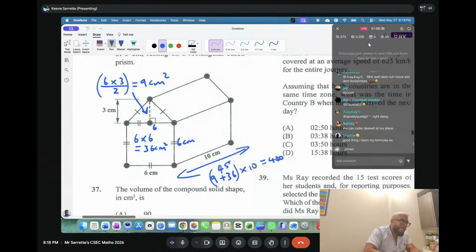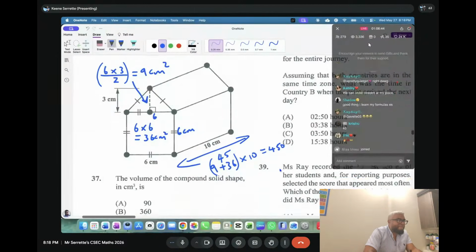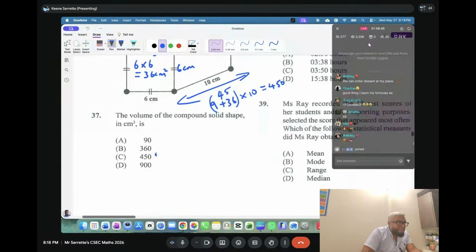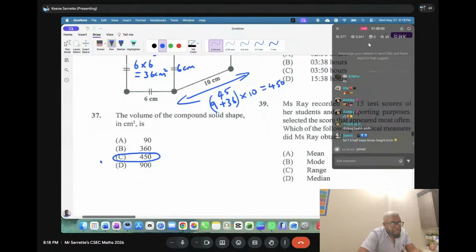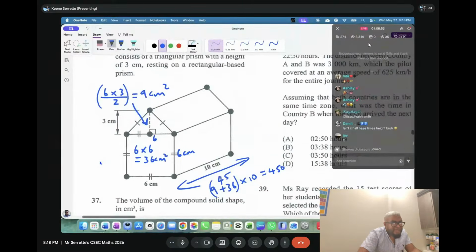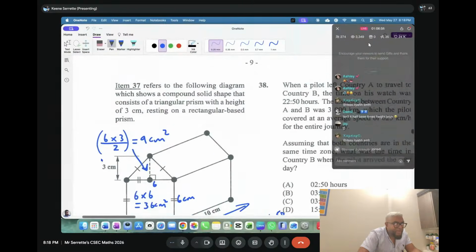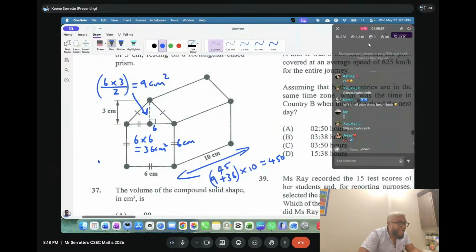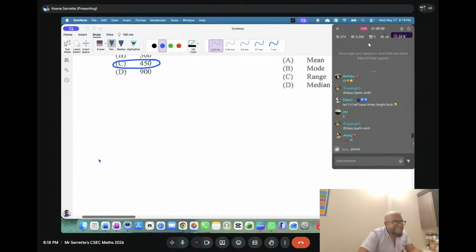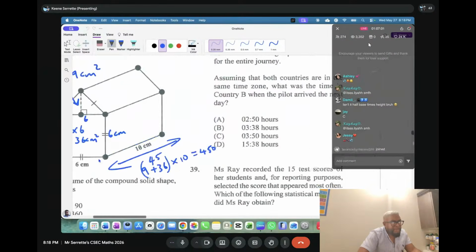Yeah, this is 45, so 450. 9 plus 36 is 45, right? Isn't it half? Half base multiplied by height is the same as base multiplied by height divided by 2. It is the same thing, right?